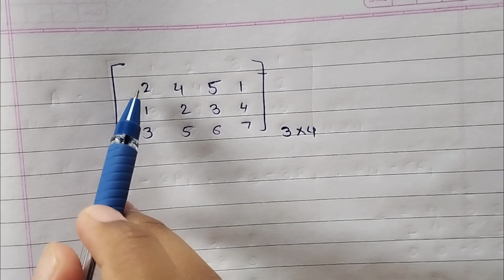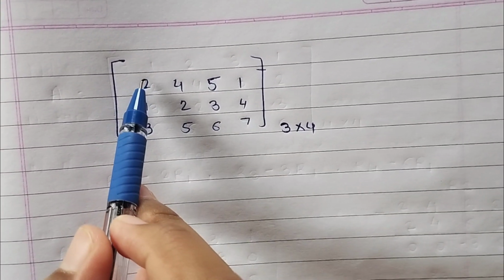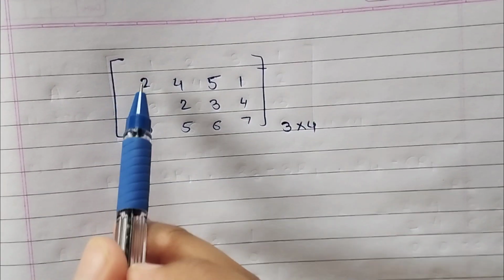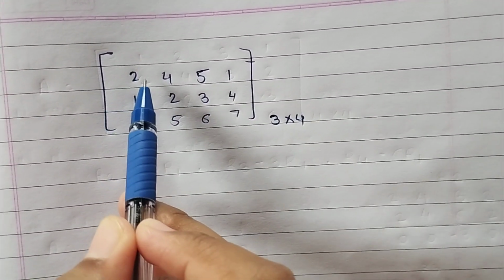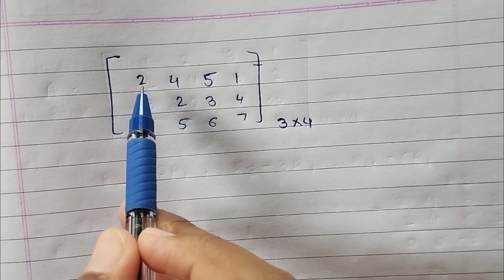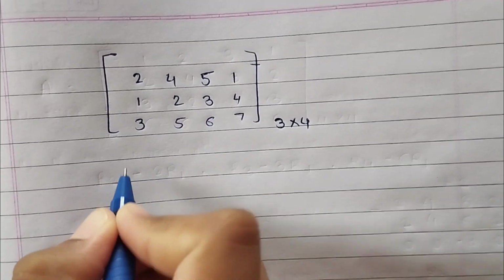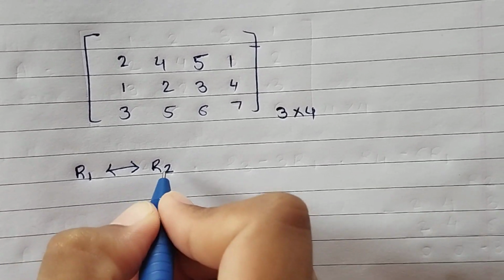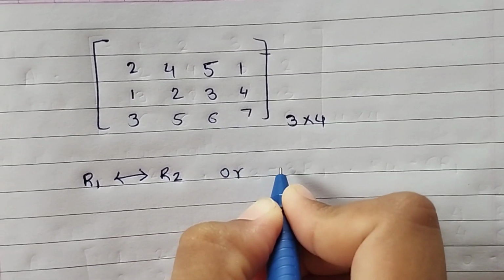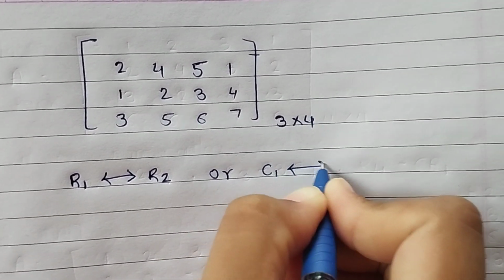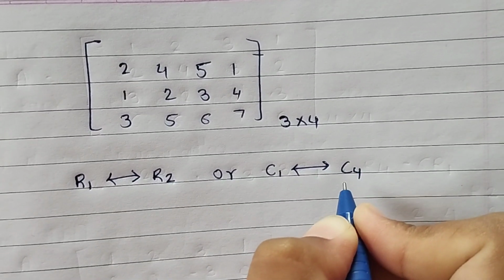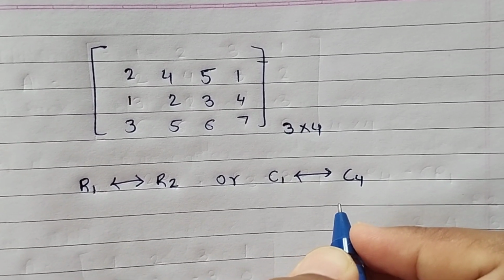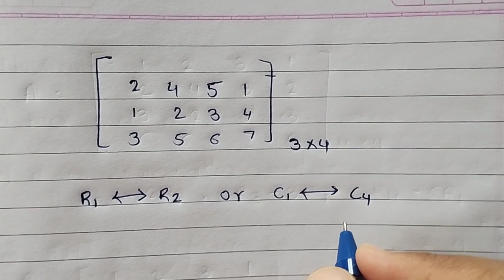means we interchange any two rows or any two columns, so that our target a11 becomes 1. For that we perform the operation interchange R1 with R2, or interchange C1 with C4, as you wish, whichever operation you want to perform.